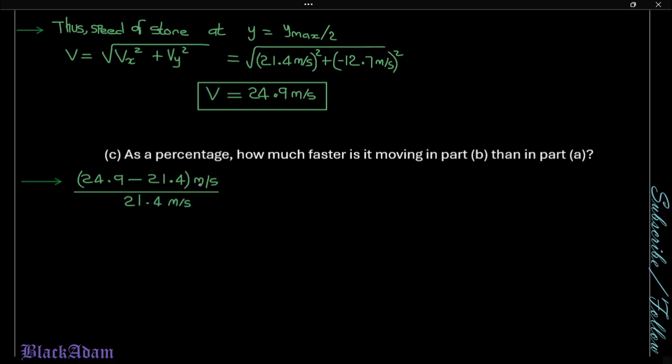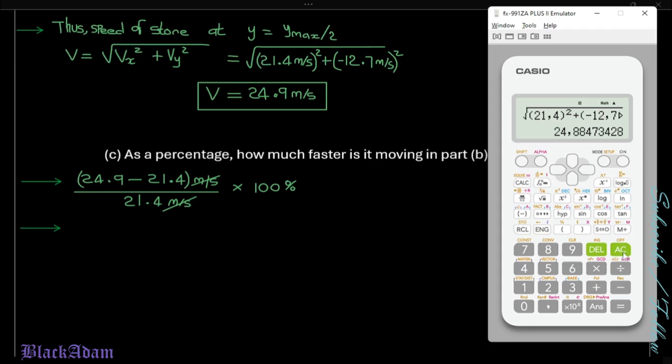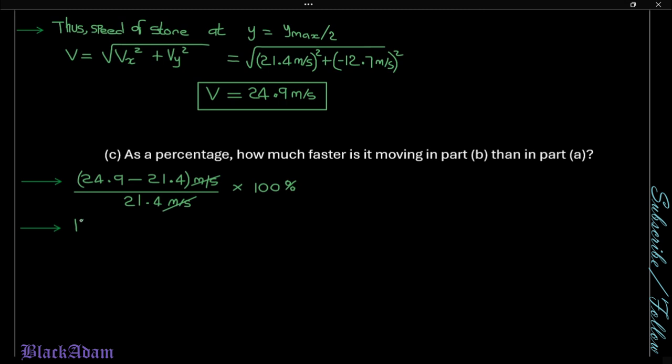The unit cancels out, percentage has no unit. Multiplying that by 100, the calculator gives us 16.4. So our final answer is 16.4 percent.